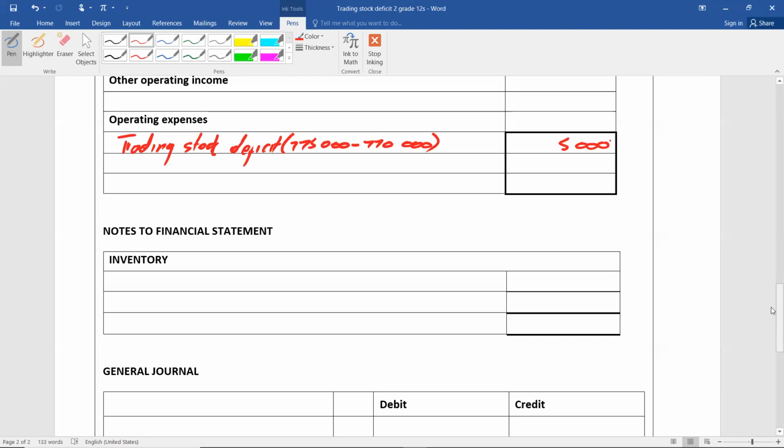What do you think we must do? 5,000 must be under trading stock deficit, under operating expenses. So we still have this amount and that amount. What must we do with those amounts? Where else can we take them to?